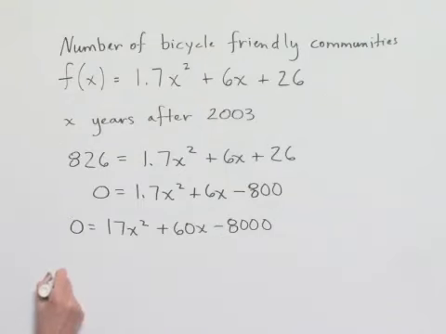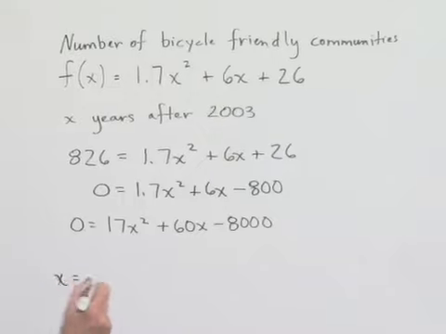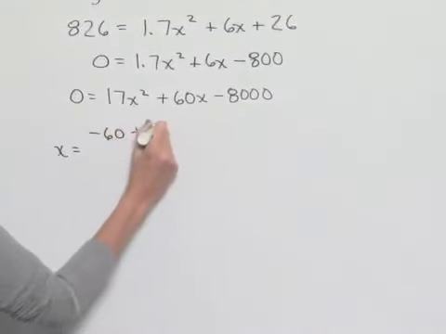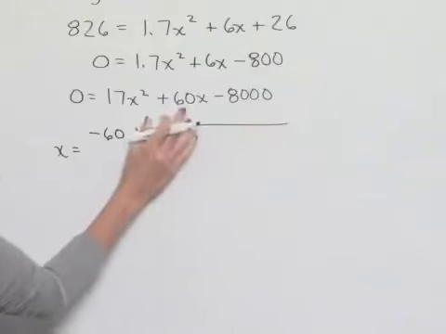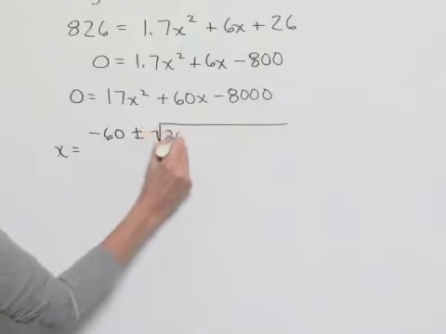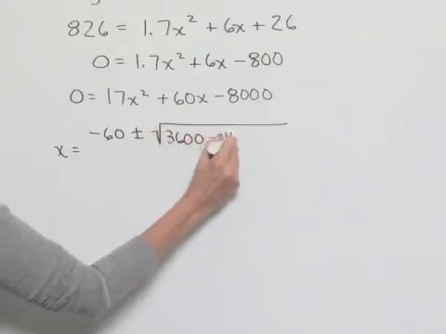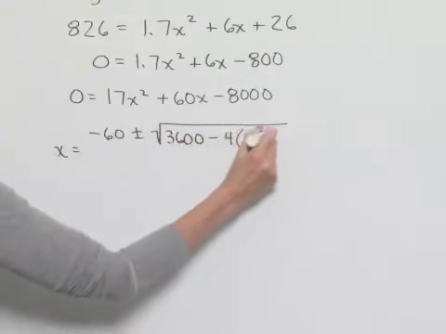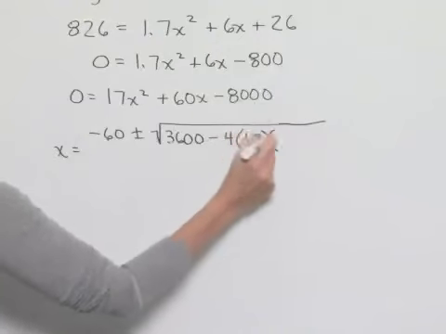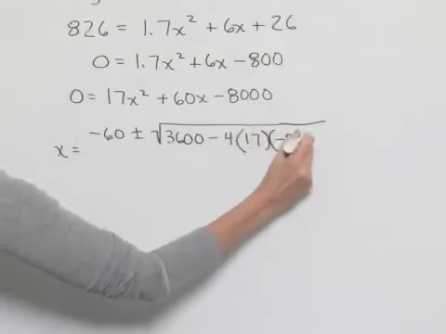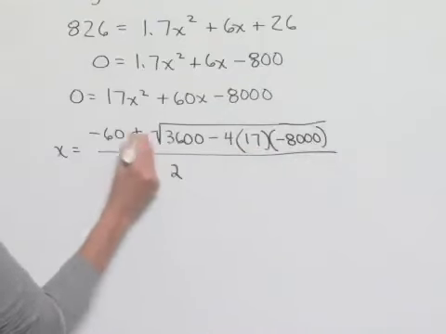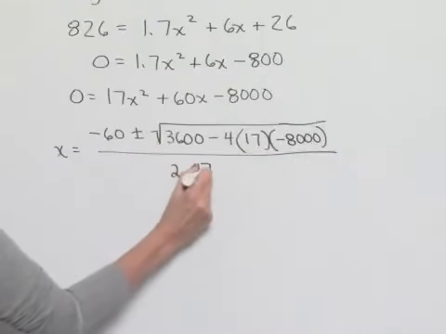Let's now solve for x using that. We'll have x equals negative b, which will be negative 60, plus or minus the square root of b squared, and 60 squared is 3,600, minus 4 times our a value of 17 times our c value of negative 8,000. And that is being divided by 2 times our a value of 17.